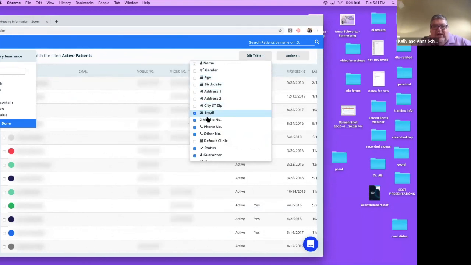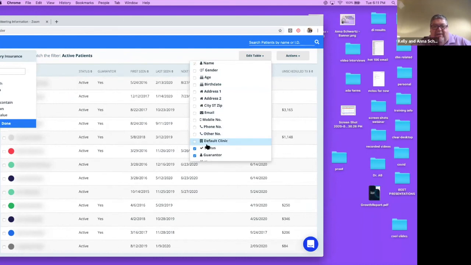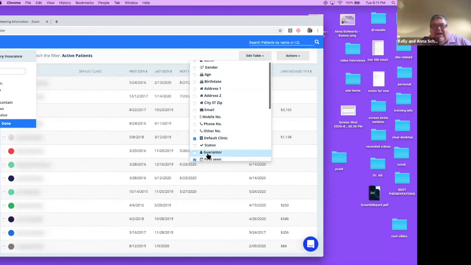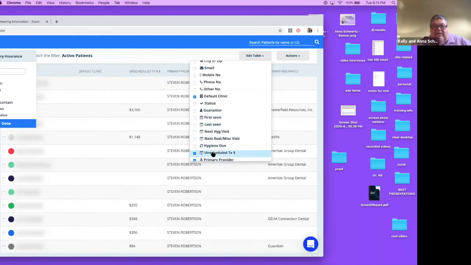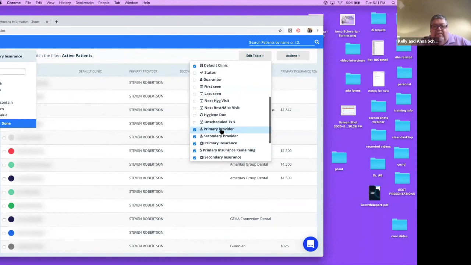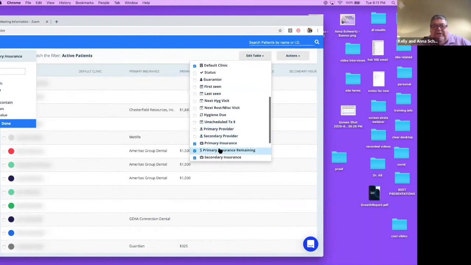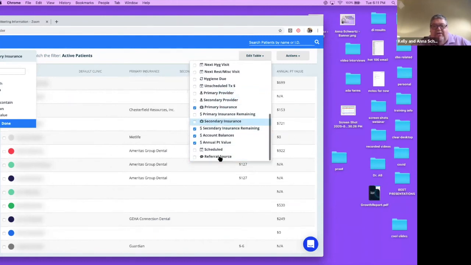So we'll close a lot of these titles down, and all we want to see is a particular insurance. Just got to clear this off. Primary insurance is all we want to know. Who has what?